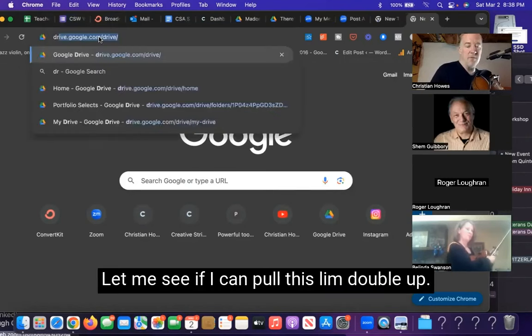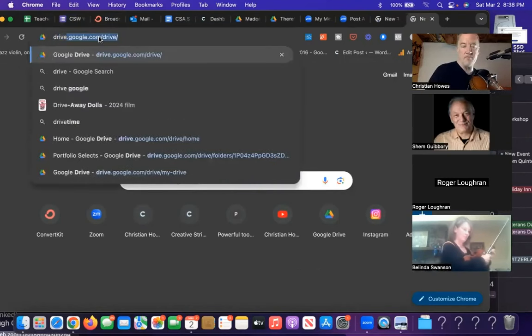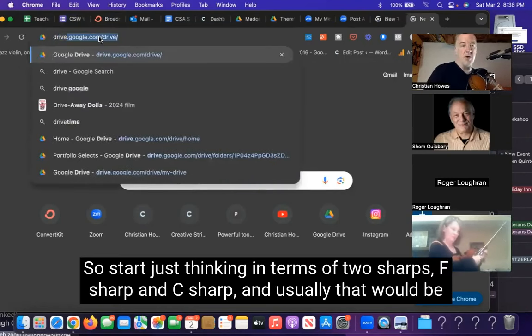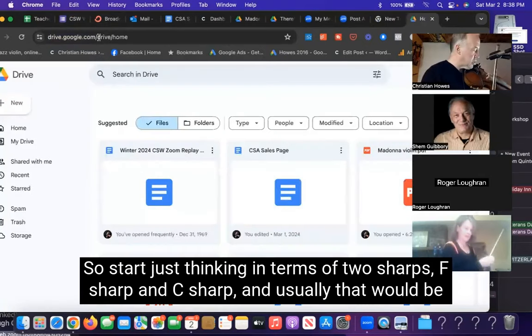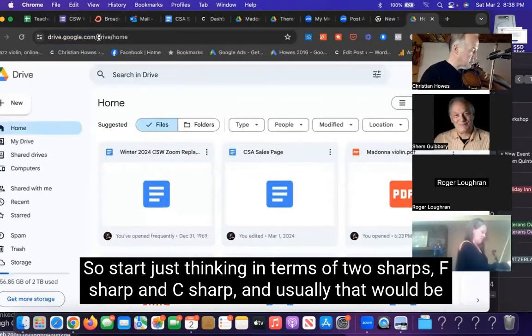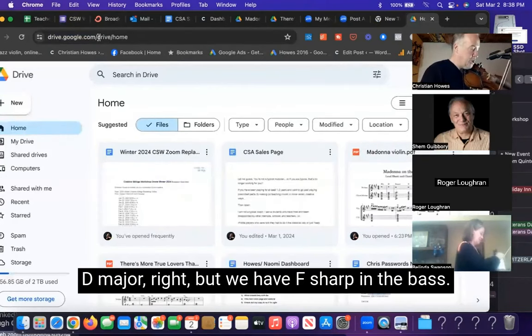Let me see if I can pull this up. So start just thinking in terms of two sharps, F sharp and C sharp. And usually that would be D major, right? But we have F sharp in the bass.